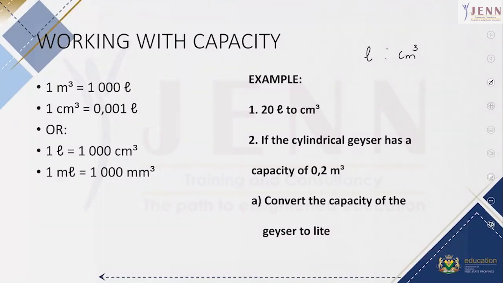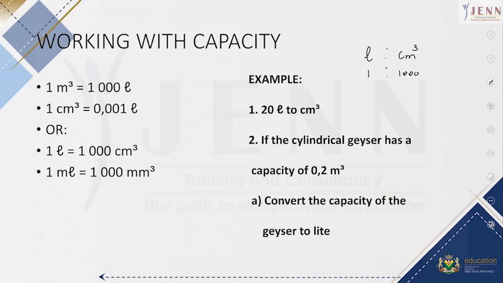I always say, before you can even think of the question, write the units that you are dealing with. After that, you look at the conversion factor. In our case, the conversion factor is 1 liter is to 1,000 cubic centimeters. Then you pause, you go to the question, what is it that they want me to do now? They want me to convert 20 liters to cubic centimeter, because what I'm working with is 20 liters.